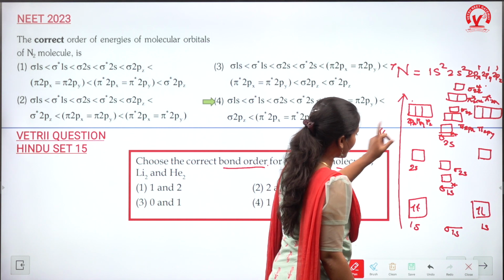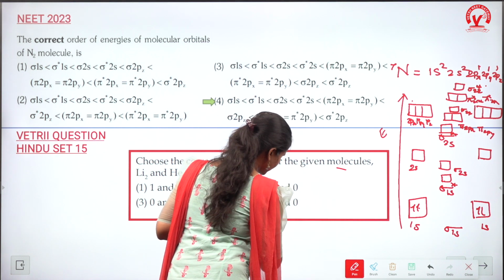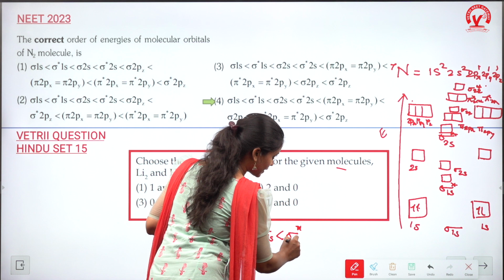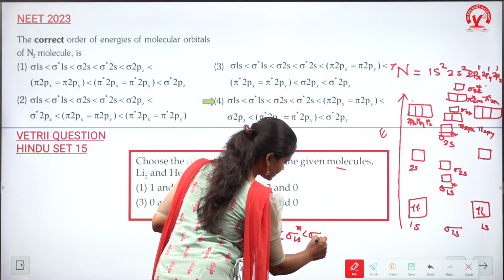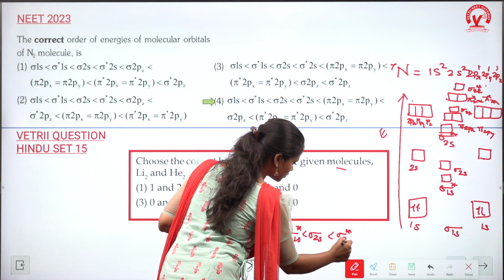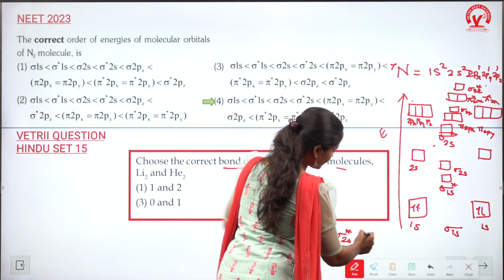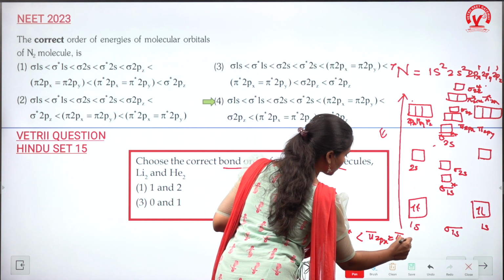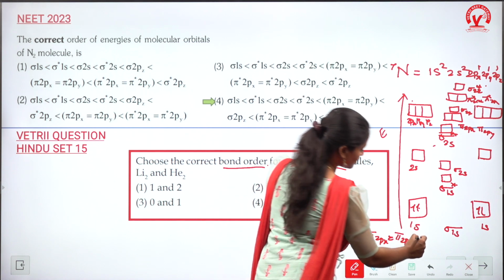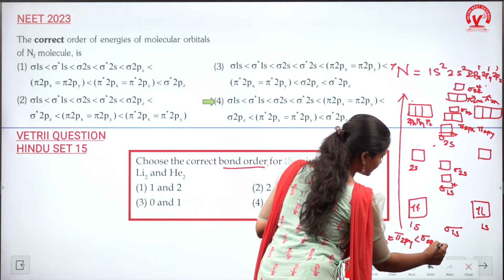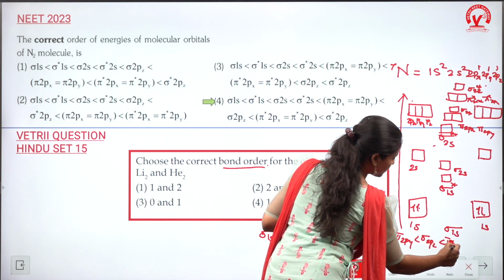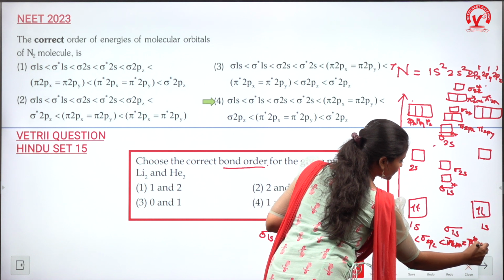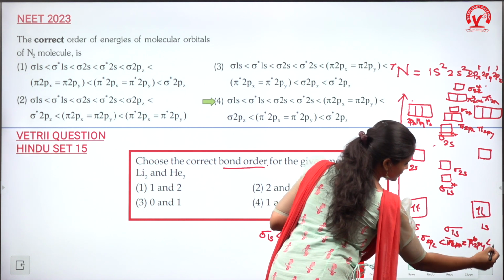So we have to arrange the energy levels: first sigma 1s, sigma star 1s, sigma 2s, sigma star 2s, then pi 2px equal to pi 2py, then sigma 2pz, pi star 2px equal to pi star 2py, then sigma star 2pz.